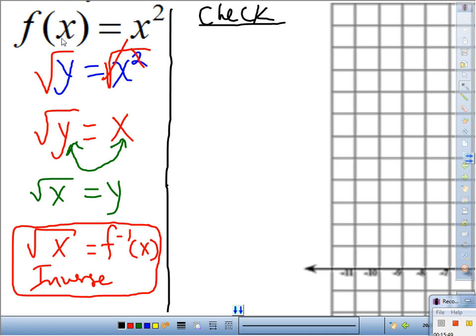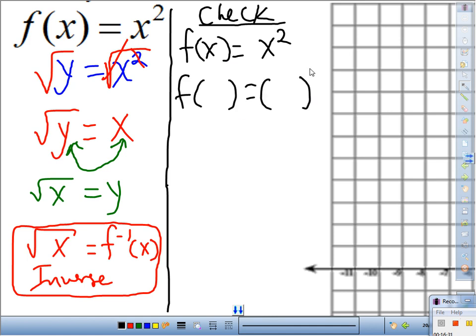Here we go. I'm going to start with my first function, f of x equals x squared. The very next step, I'm going to rewrite this, but without the x. So instead of x, I put parentheses. You guys notice I'm missing the x from here and the x from here, yeah? So what am I going to write in there, Mr. Q?